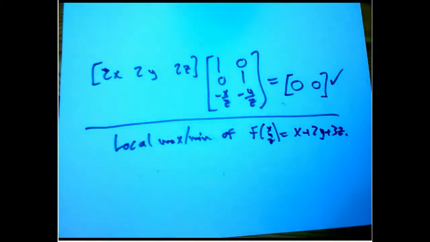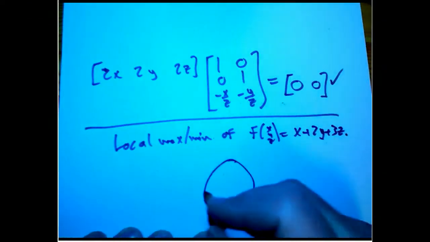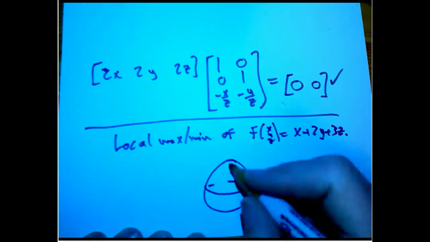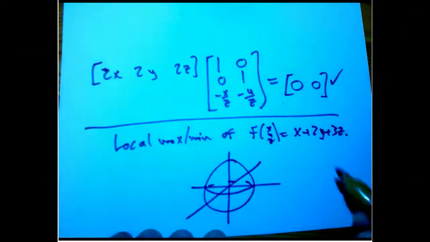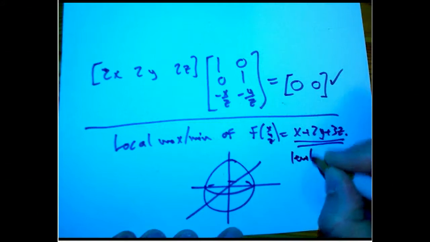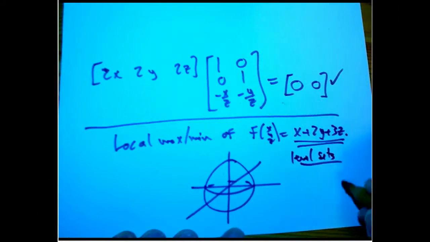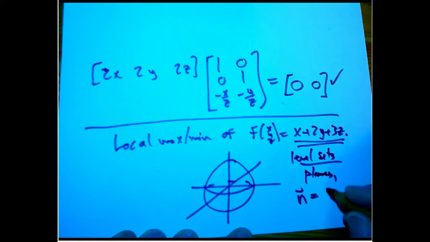But let's go back to the picture. In this case, I claim we actually know what it is. Okay, x plus 2y plus 3z. What are the level sets of this guy? They're planes with normal vector 1, 2, 3.